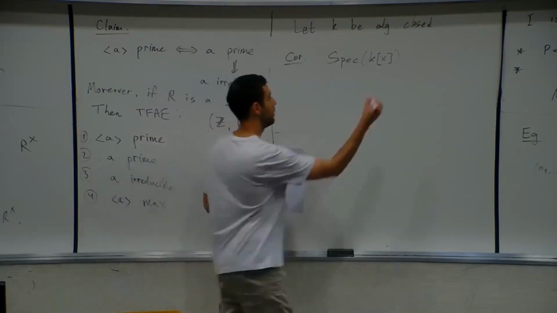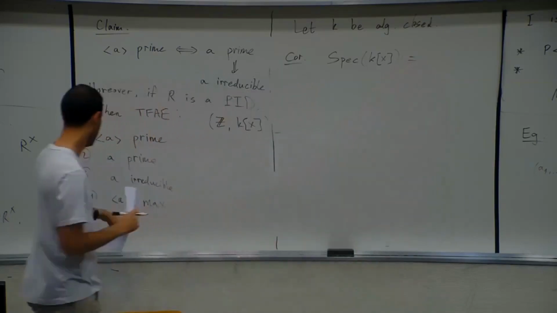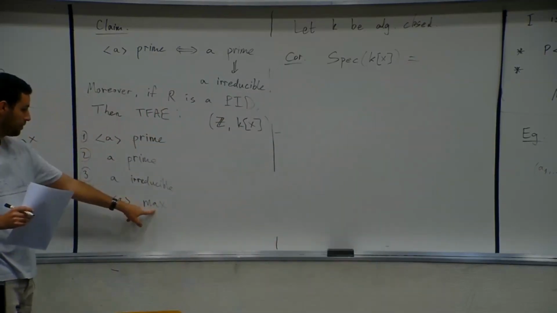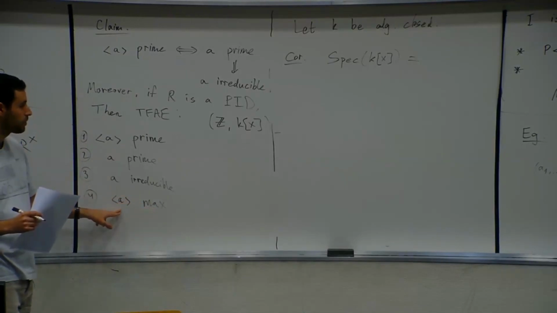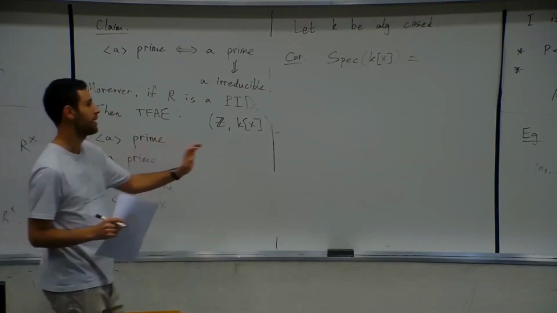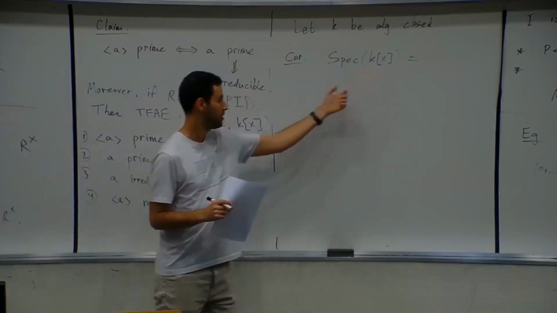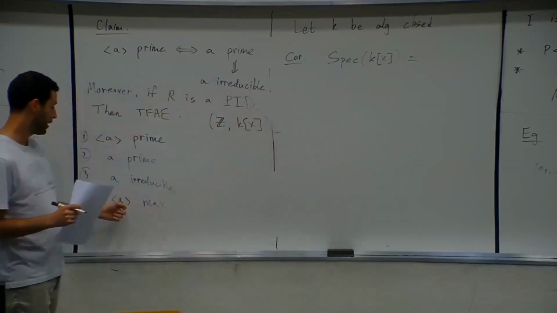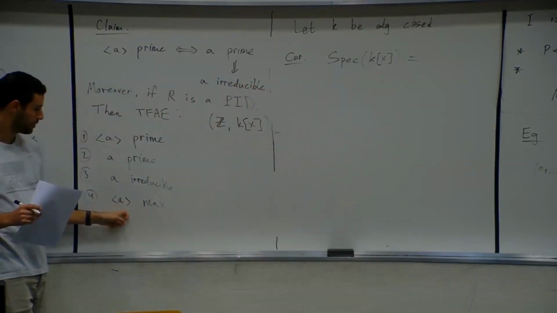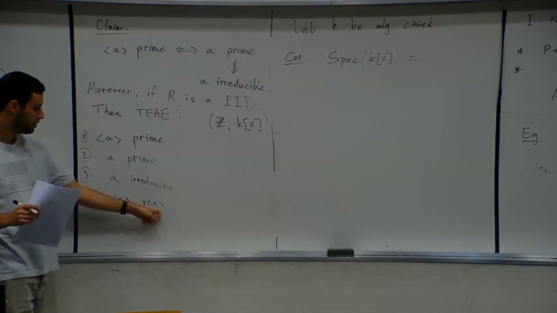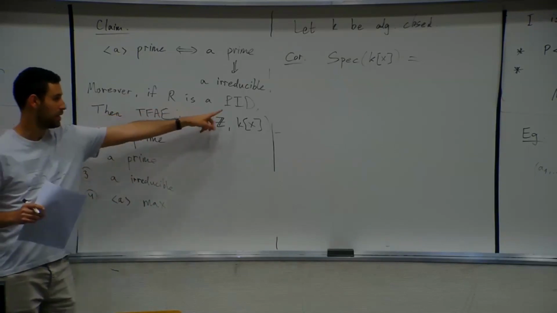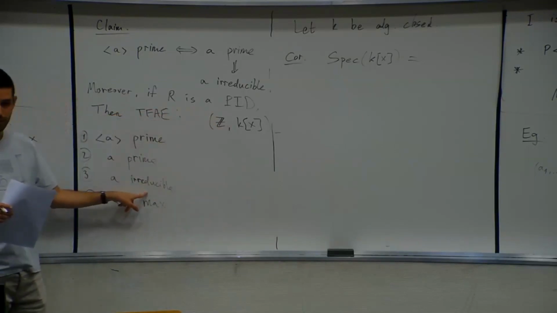And so I want the ideal to be maximal. Every ideal is principal, so it's generated by some polynomial. I want this ideal to be maximal, so since it's a PID, this polynomial should be irreducible.